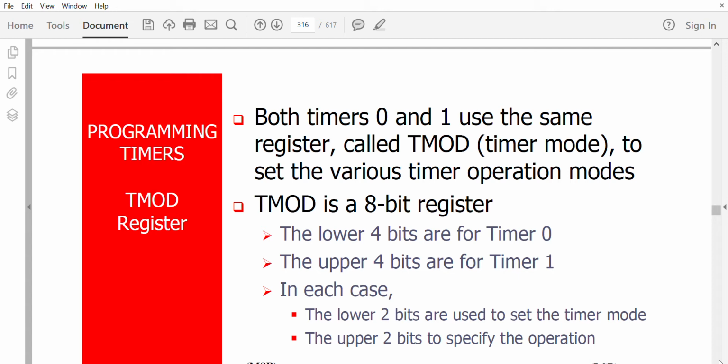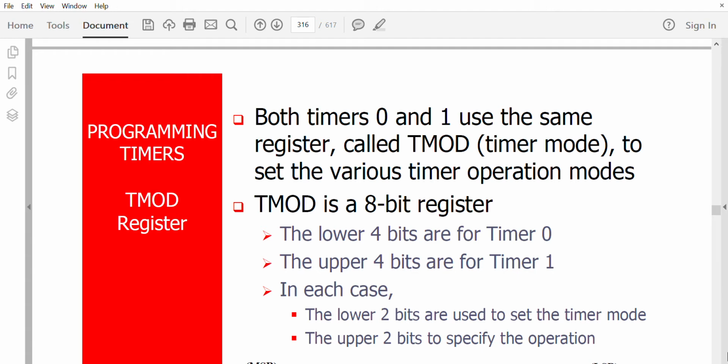So we know that there are two timers, timer 0 and timer 1. You have a timer mode register called TMOD to set the various timer operation modes. So what are the timer operation modes and how do you set the timers to operate in a particular mode?